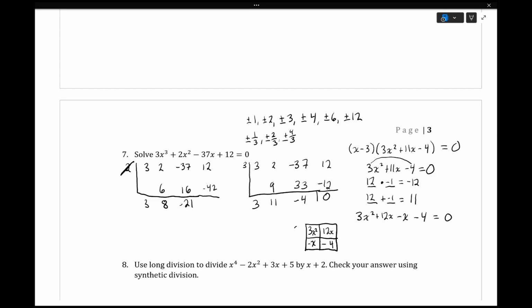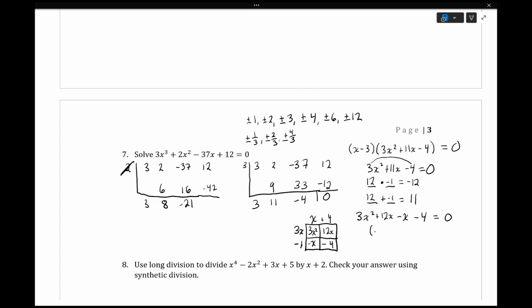Well, a 3x does. And 3x times x is what must have given me 3x squared. Oh, I have a -x down here, so this must be a -1 on this side. -1 times 4 is what gives me -4, and let's check. 3x times 4 is in fact 12x.